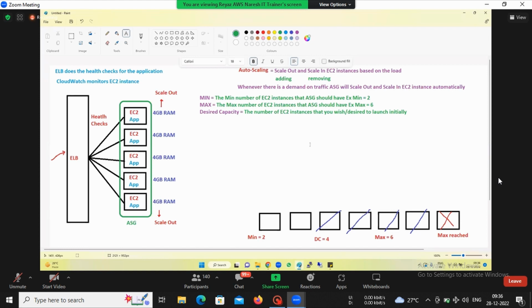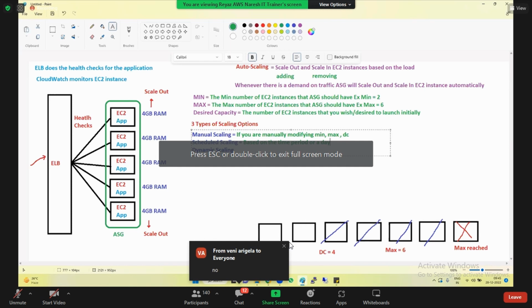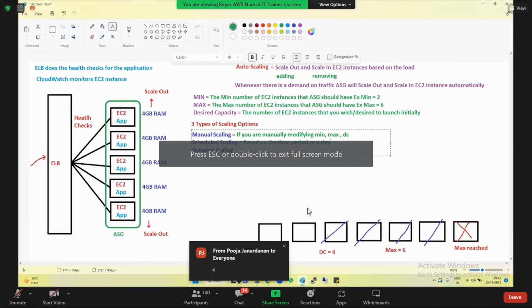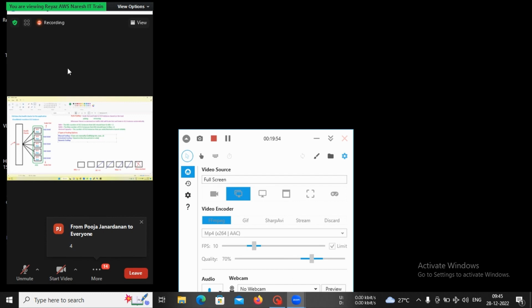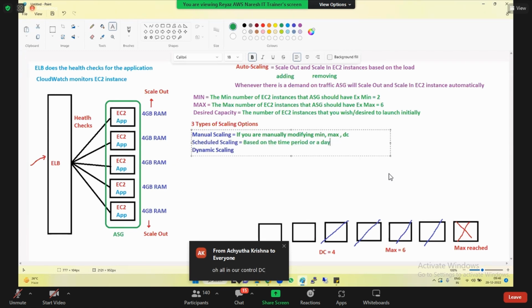So now we have three types. Initially in your plate, how many did you have? 4. And maximum how many can you eat? Until you reach it, you don't worry. But you need to have a maximum number. So minimum and maximum are boundaries. Desired capacity means how many EC2 instances you need, you can launch.